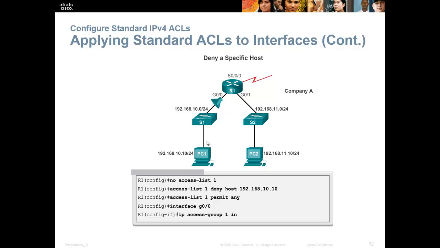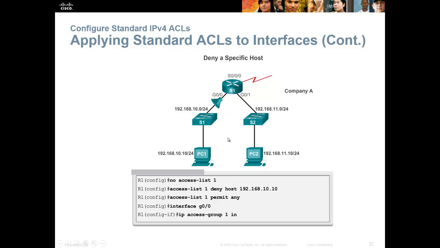All right, so applying ACLs to the interface. So first, hey, I made access list 1. I didn't like it, so I do no access list 1. And then access list 1, deny host, blah. Then access list 1, permit everything else. So the purpose of this access list is only to block traffic from one network or from one host. Then I go to the interface, gigabit 0/0, and then I apply it. IP access group in.